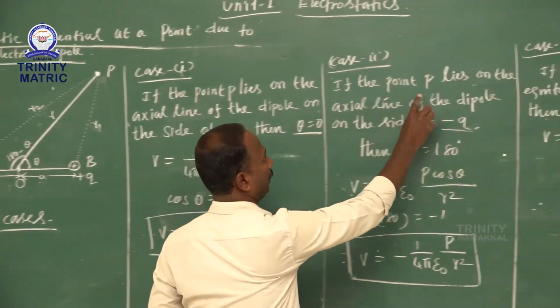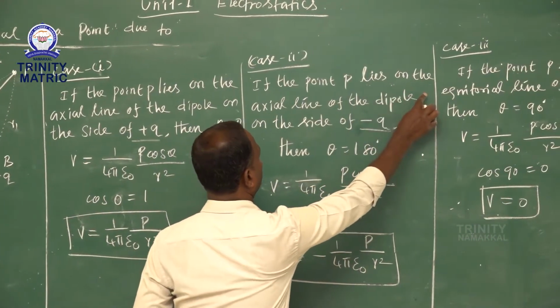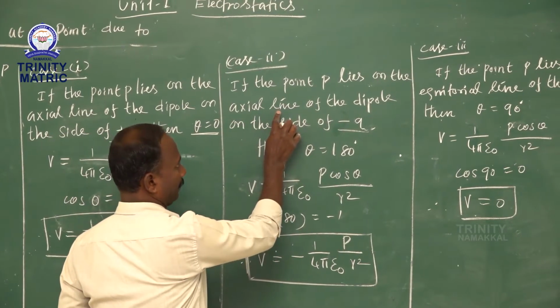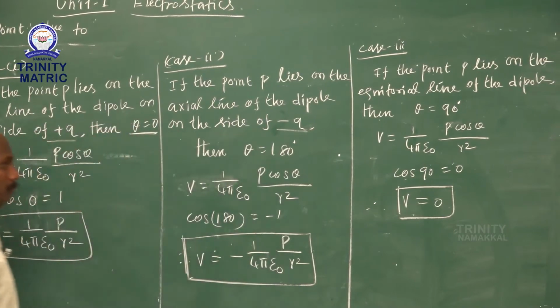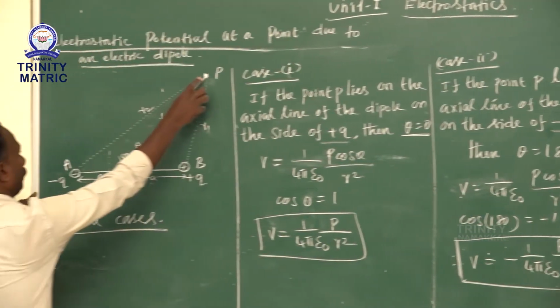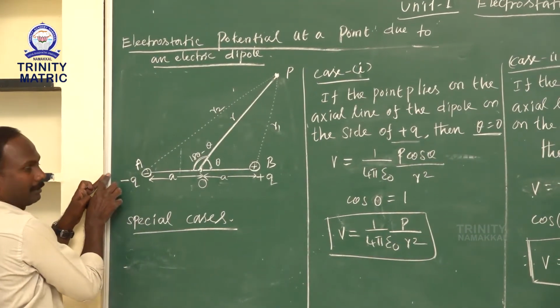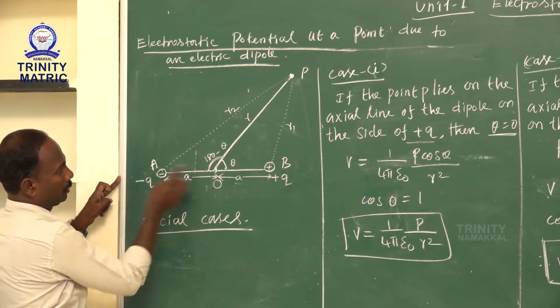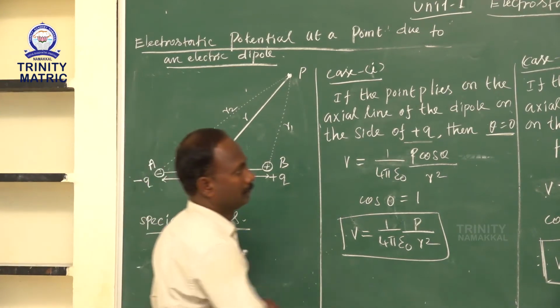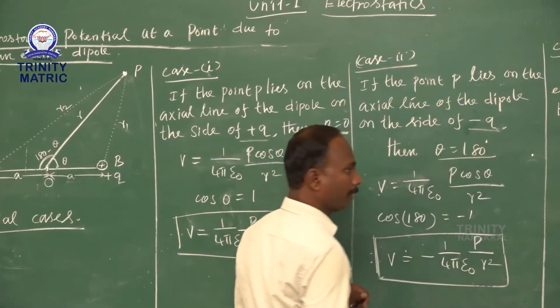Now case 2. If the point P lies on the axial line of the dipole on the side of minus q, the angle is 180 degrees, theta is 180 degrees.